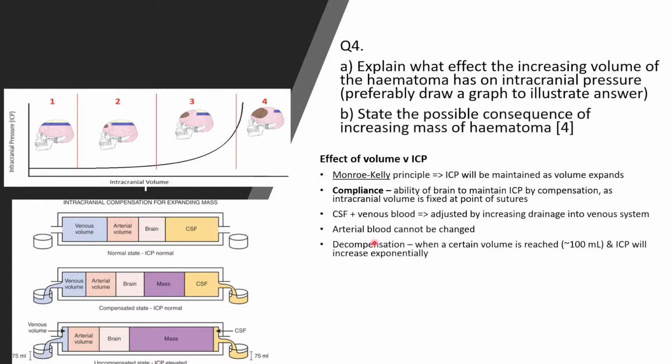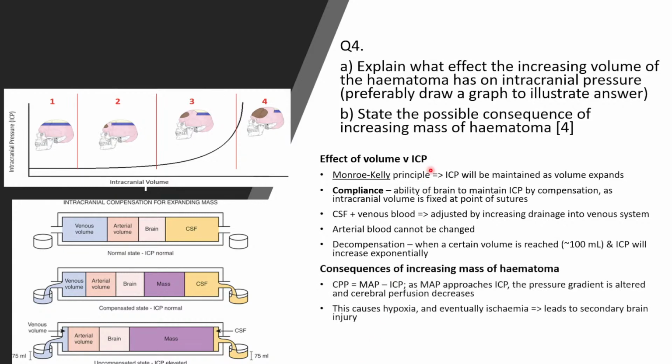And then the second question here: state the possible consequences of an increasing mass of hematoma. So, an increasing mass of a hematoma will mean that the pressure gets higher. But why is the pressure getting higher important? Well, the cerebral perfusion pressure, the CPP, is calculated as the mean arterial pressure minus intracranial pressure.